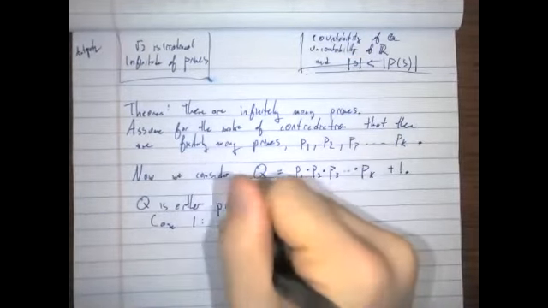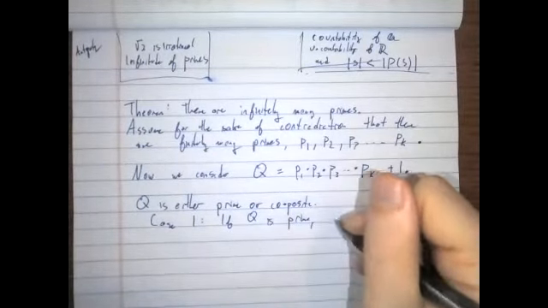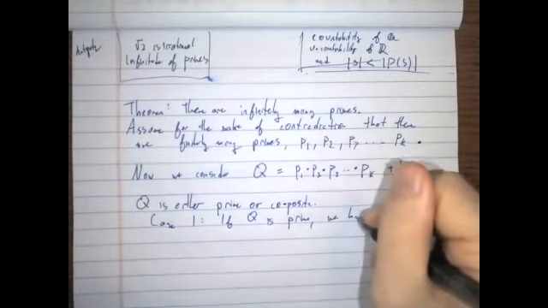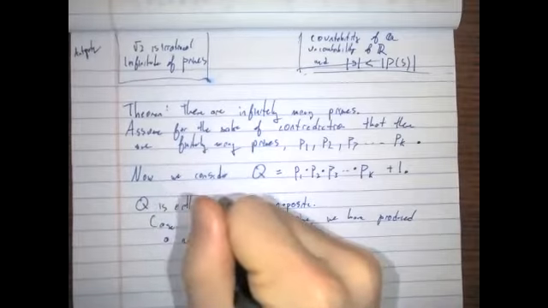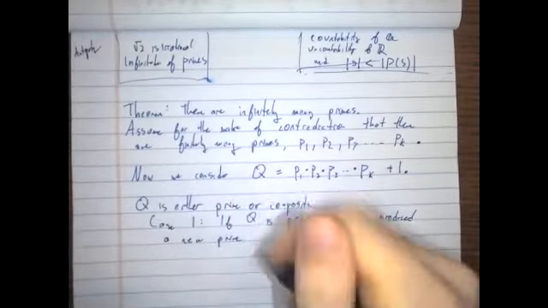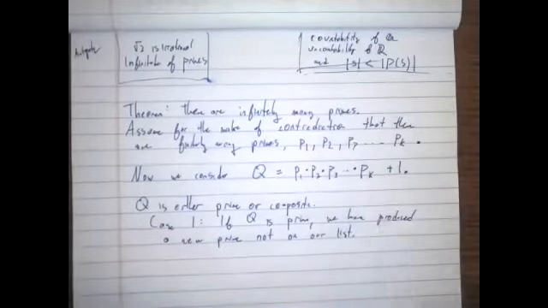Case 1. If Q is prime, we have produced a new prime. Not on our list. Right?